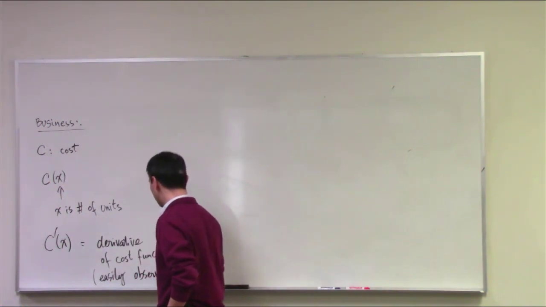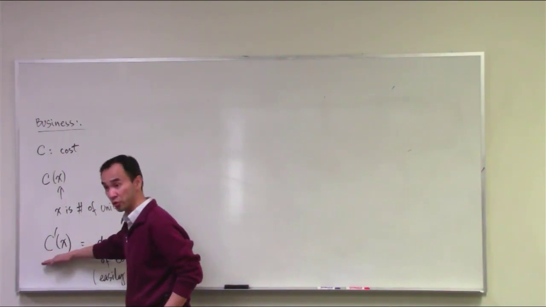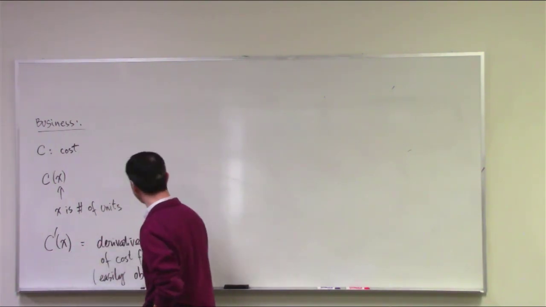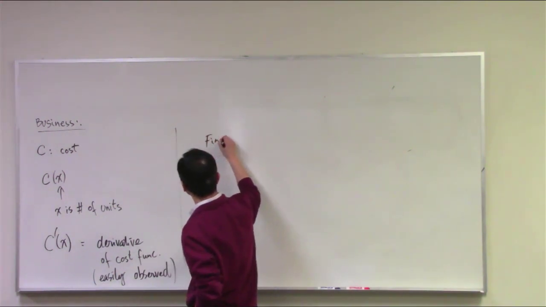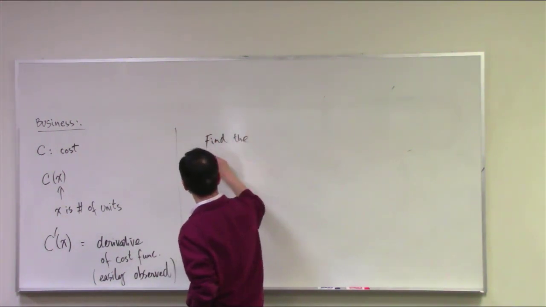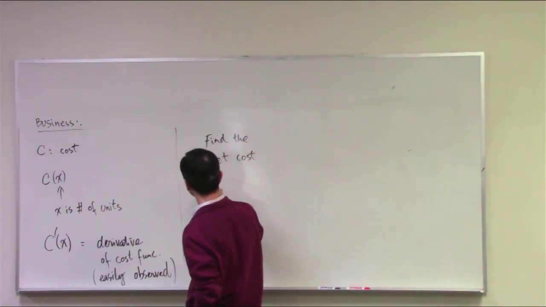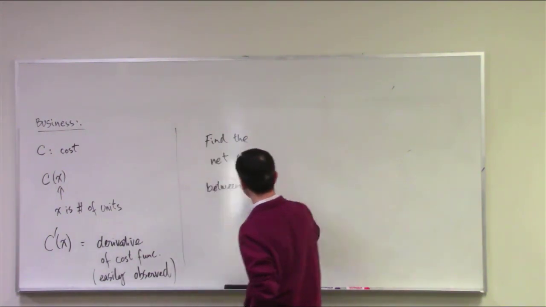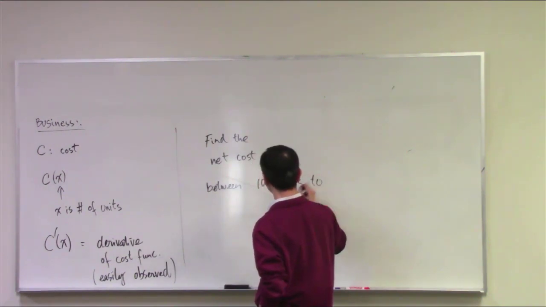The reason I mentioned this is, think about if you already knew the derivative, and then you are asked to find the net cost between 1,000 units to 1,500 units.